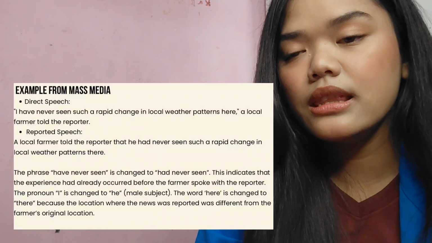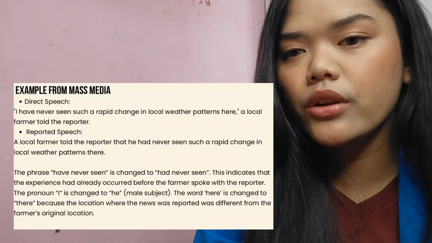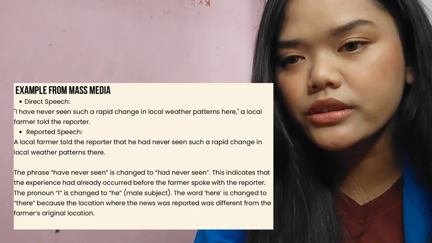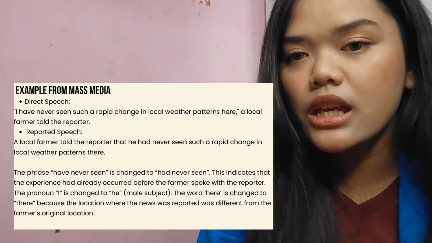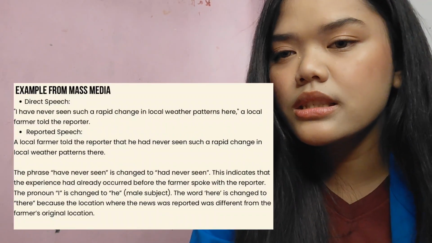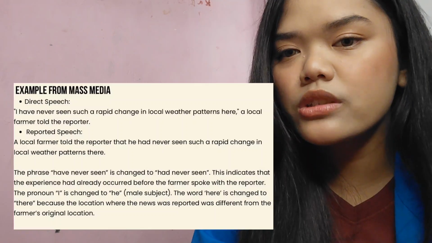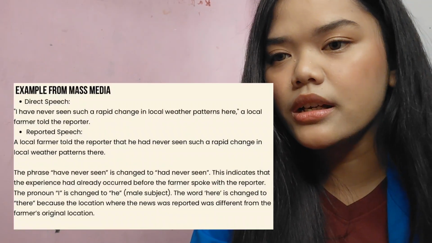This indicates that the experience had already occurred before the farmer spoke with the reporter. The pronoun I is changed to he. The word here is changed to there because the location where the news was reported was different from the farmer's original location.